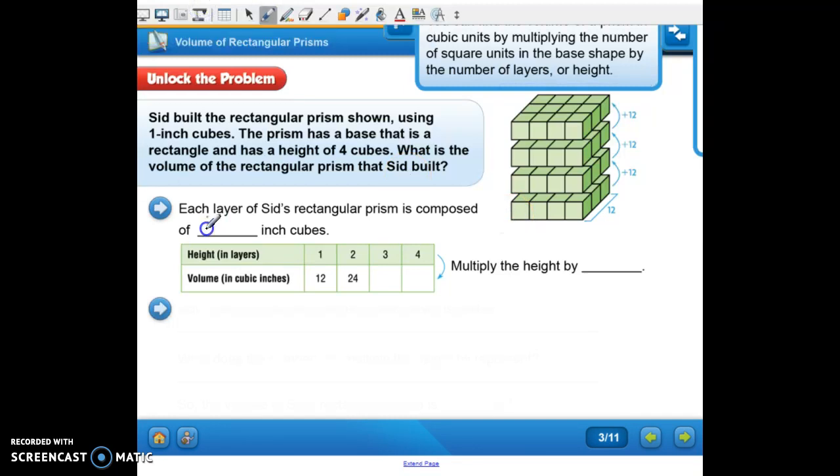So it's 12. Multiply the height by what? How high is this? 1, 2, 3, 4. So the height is 5. And what are we going to multiply that by?